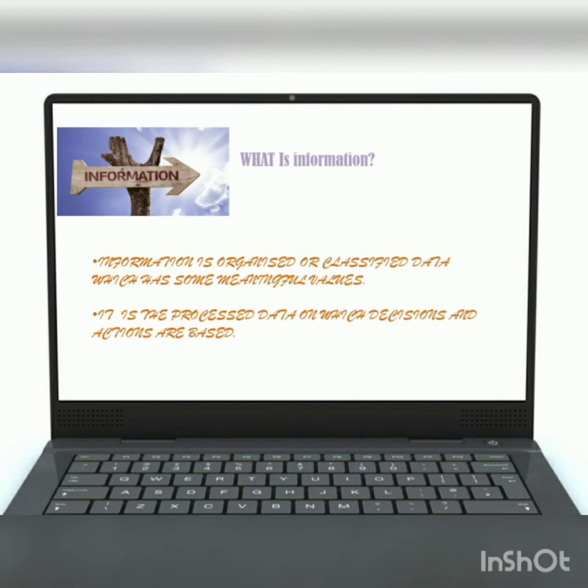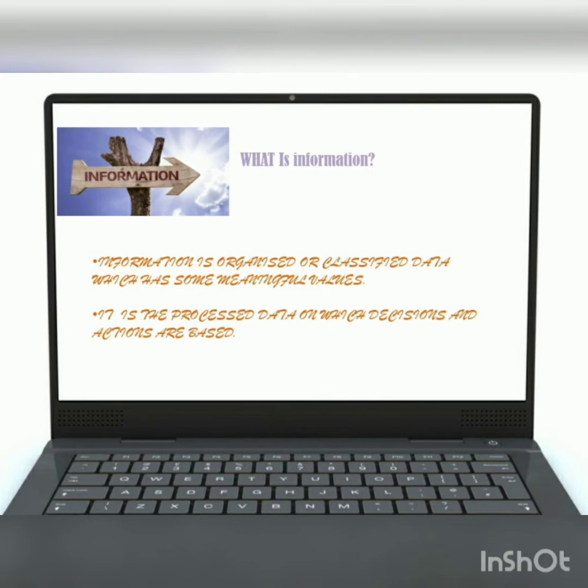Kids, information is organized or classified data which has some meaningful value. We already read that 1 plus 1 is the raw data, but after receiving the result, that is 1 plus 1 equals 2, 2 is the output, the meaningful value, that is what is called information. Also, kids, information is the processed data on which decisions and actions are based.